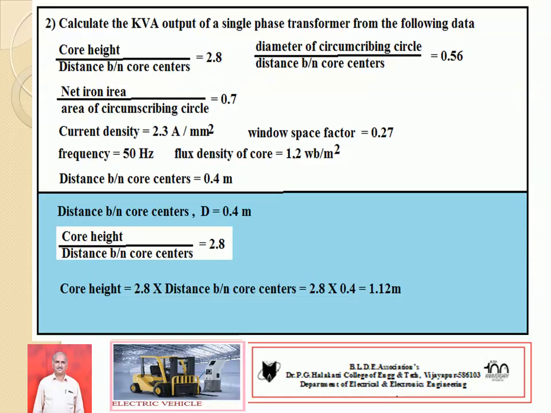From the above equations, if any two data are given, then you calculate the third. So you go on seeing where the capital D is available, then the ratio is available. My first selection is the ratio of core height to the distance between core centers equal to 2.8. This value is given. So you substitute capital D equal to 0.4 meter, then you get the core height.